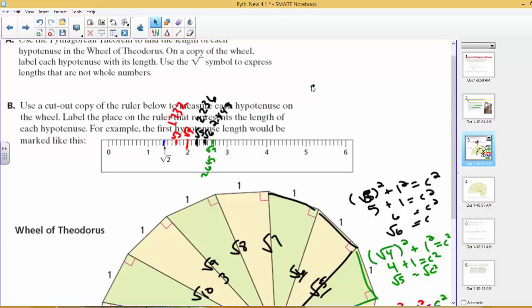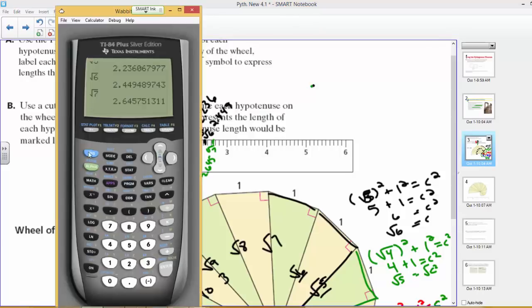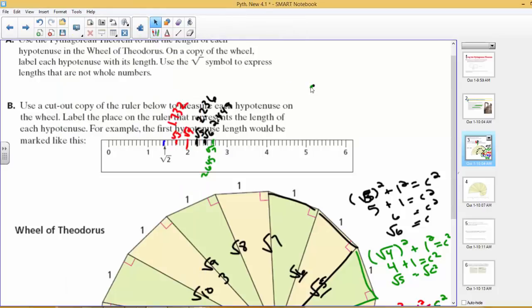And then square root of 8 is 2.828. And then square root of 9 is 3.